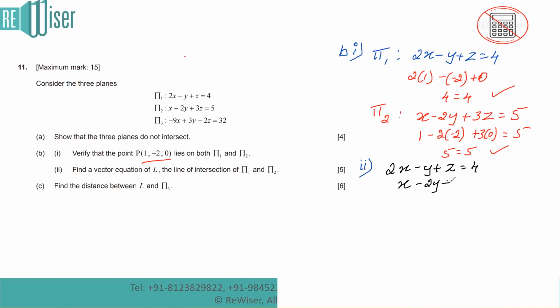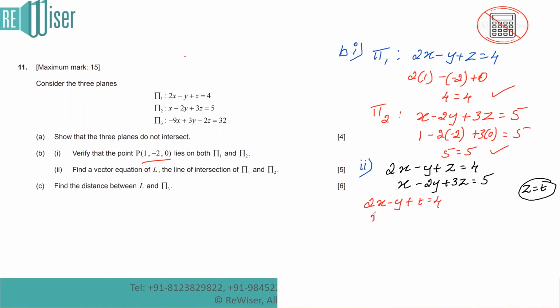Whenever you have two equations with three unknown variables, you should always take any one variable as t. So I'm going to take z as t here, and I need to get y and x completely in terms of t. So in that case, it's going to be 2x minus y plus t equals 4.